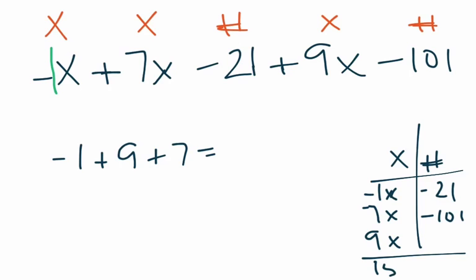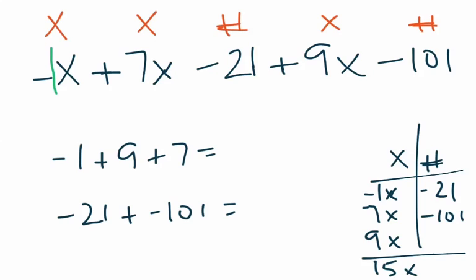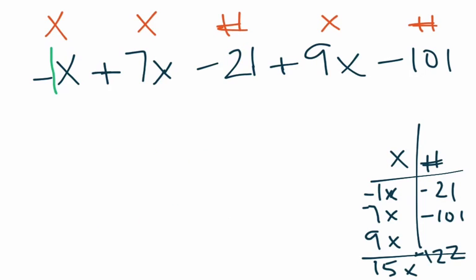So 15x, and then on this side I got negative 21 plus negative 101, and that would give me negative 122. I'm going to have to rewrite this over here. So 15x minus 122. That's as simple as it gets.